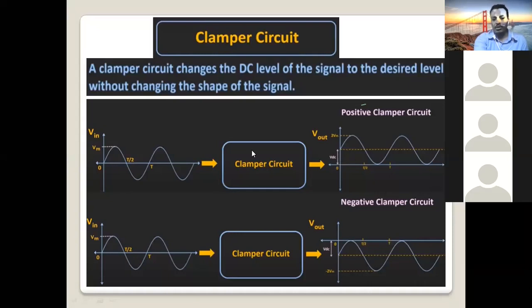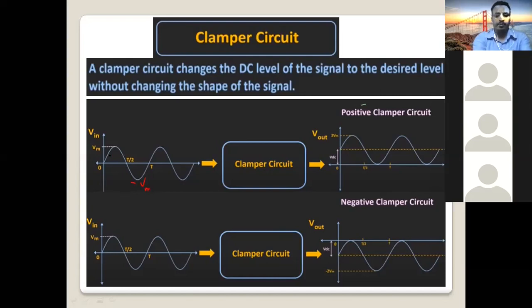Okay, so before we apply the signal to the clamper circuit, let's see this input signal. It's a sinusoidal signal with peak value of Vm, maximum voltage, and on the negative side minus Vm.